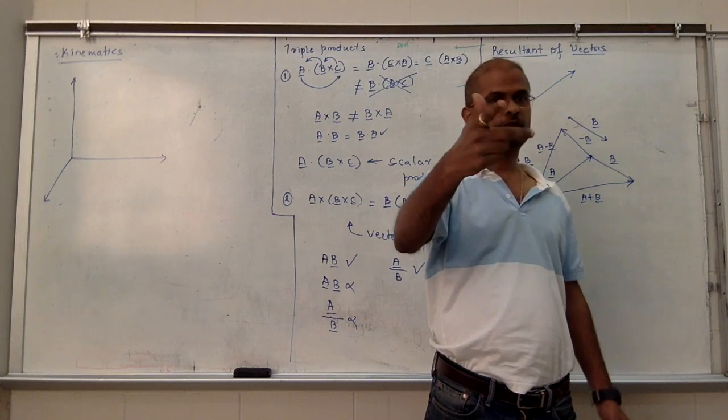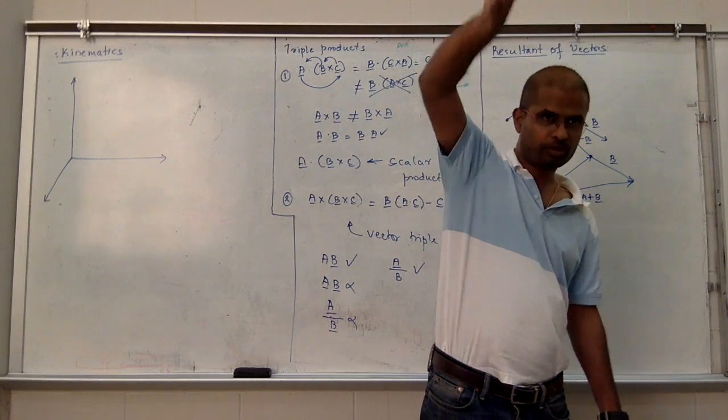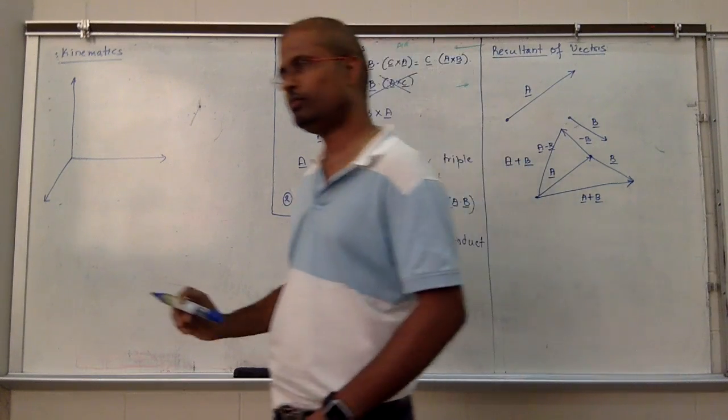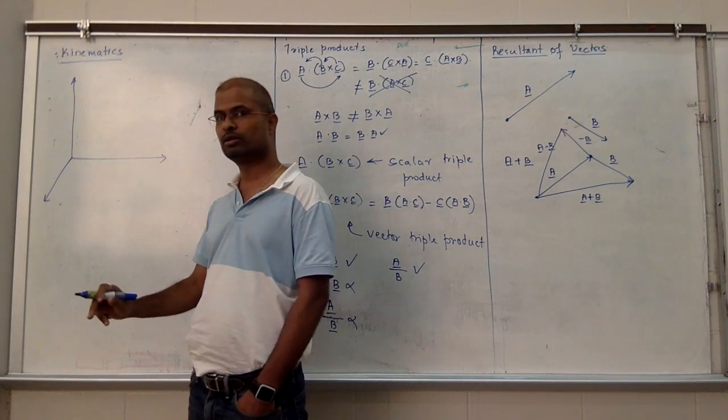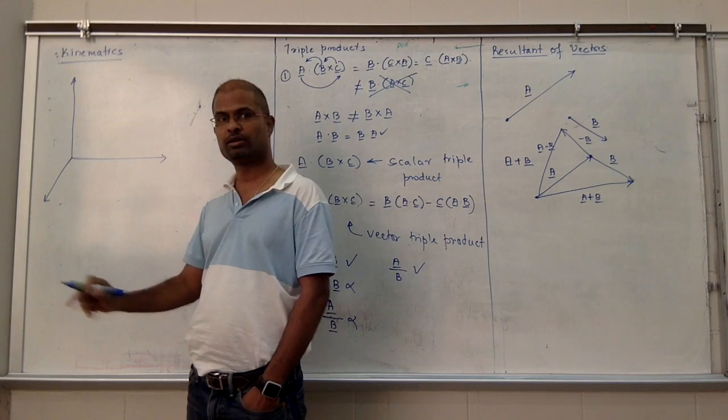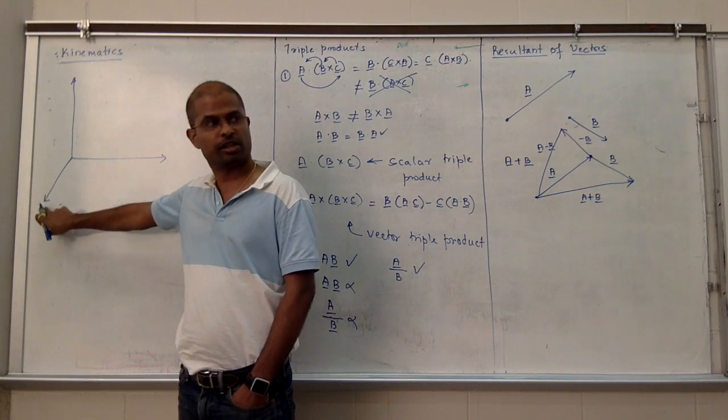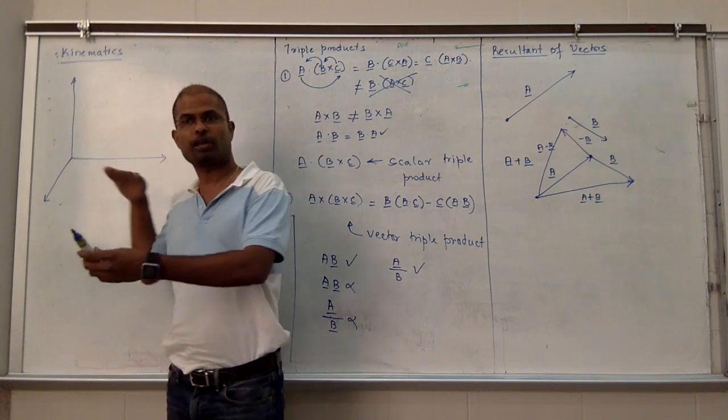If your Y goes this way, your Z has to go down. So what is the X direction here? This is the X direction, and Z is coming out of the board.